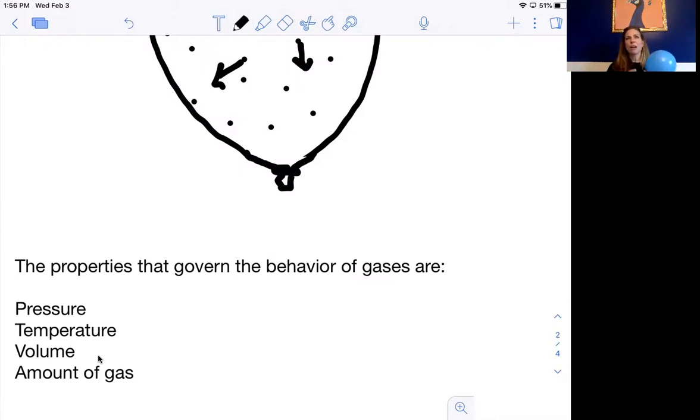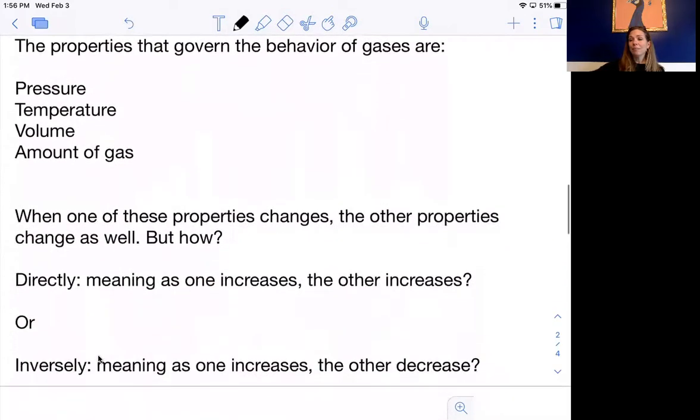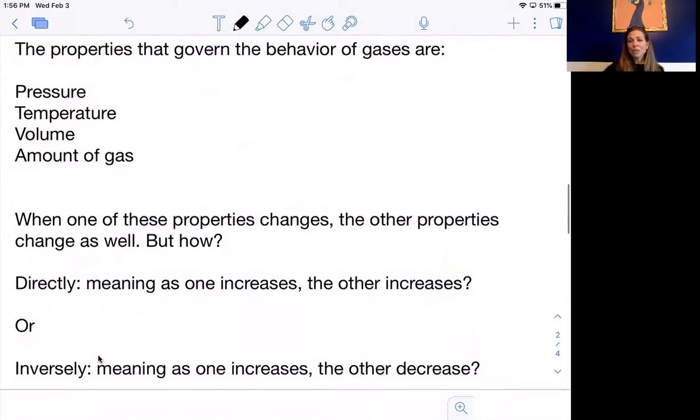And so the more air you put in, the bigger the volume gets. So again, there's a relationship between these properties and the way the gas behaves. Because usually when one of these properties changes, the other properties change as well.